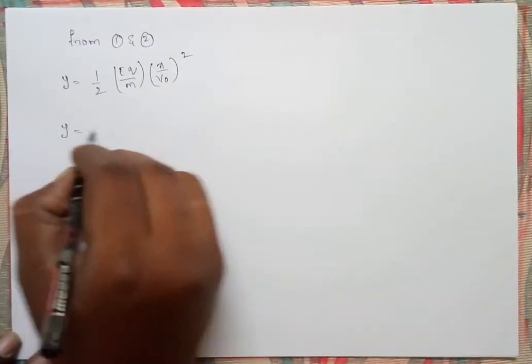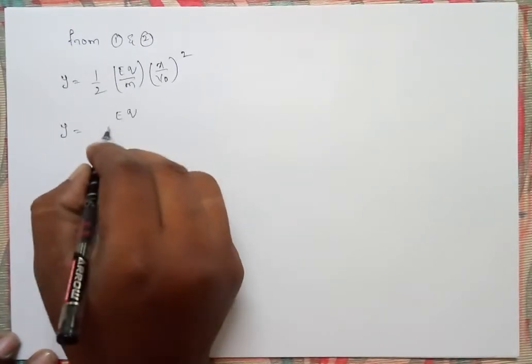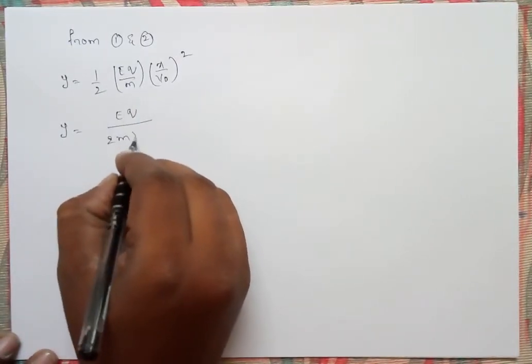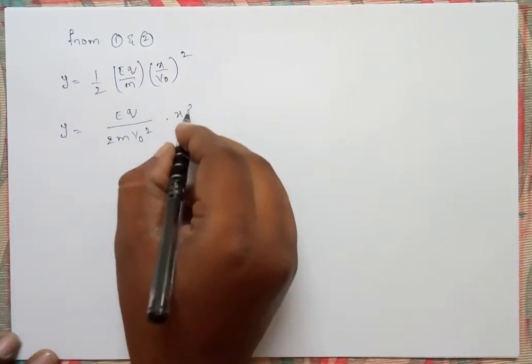Then we can write y equals Eq by 2m v0 square into x square.